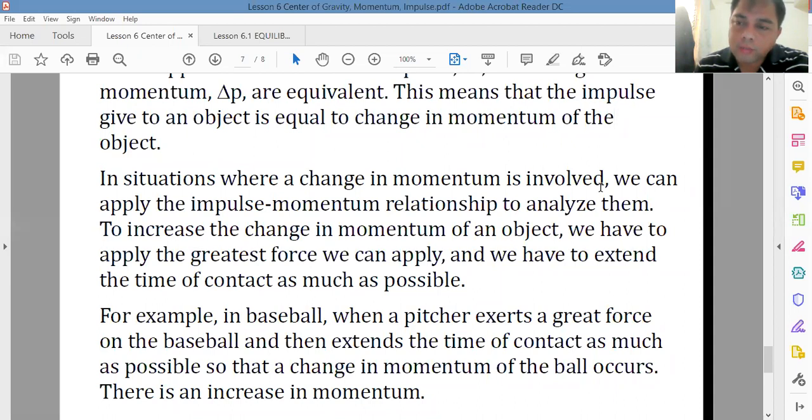But the momentum there is when the pitcher extends his hand backward and then he throws the ball suddenly. After releasing the ball, that ball will now fly so fast. Now again, in a baseball game, there are pitchers that are so extraordinary. They can throw the ball very, very fast.